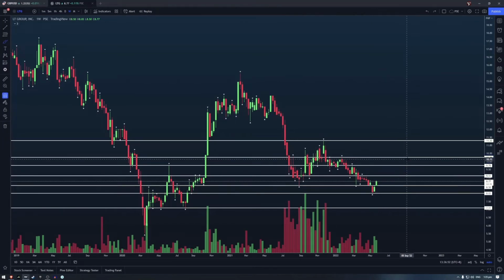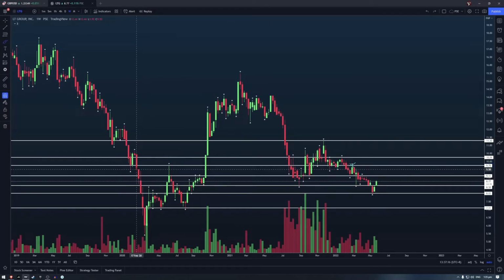Bakit significant yung mga levels na yon? As you can see, etong 9.11, it acted as both resistance, support, resistance, and so on, no? So it's a very obvious and kitang-kita na inflection point. The same thing goes for 9.75, resistance, support, resistance, support, and so on, no?